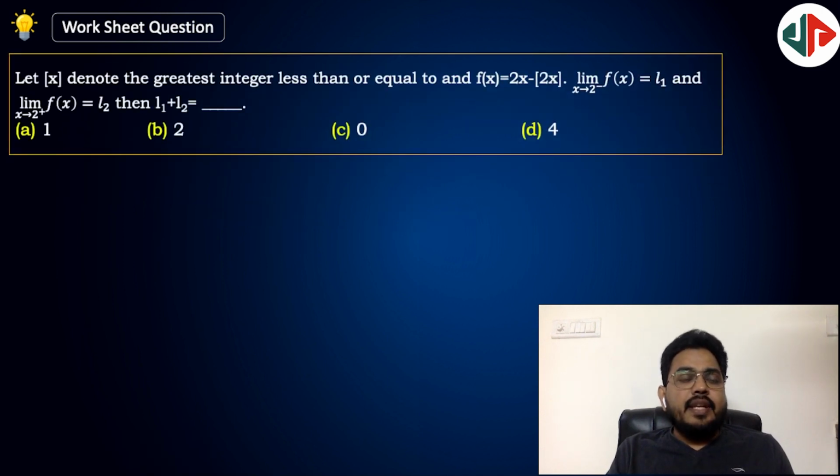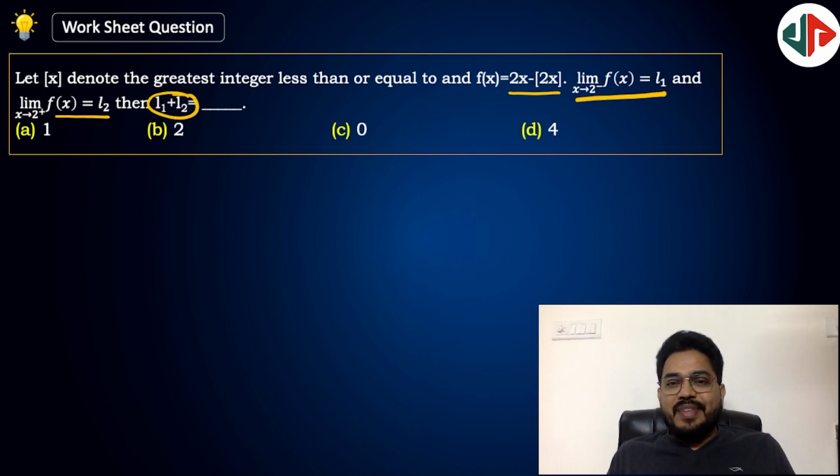Next question: if step x denotes the greatest integer, for f of x equals 2x minus step of 2x, the left limit is L1 and the right limit is L2. What is L1 plus L2?